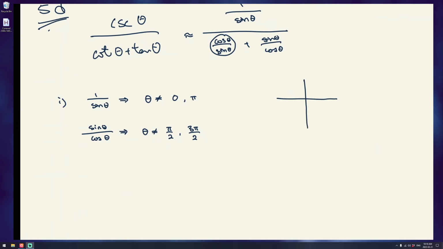Tan is positive in quadrant 1 and quadrant 3, and tan is negative in quadrant 2 and quadrant 4. So let's think about for something to equal 1. Let's look at cotan specifically first.